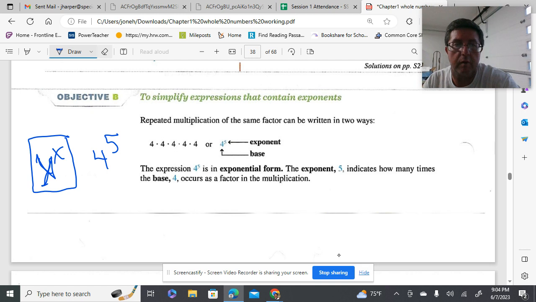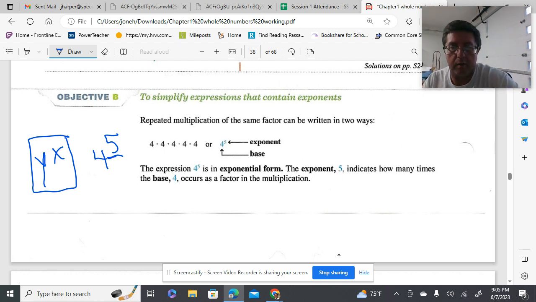Here I will erase that, and I will rewrite my y^x. So you would enter 4, and then you would hit the y^x button, and then you would enter 5.